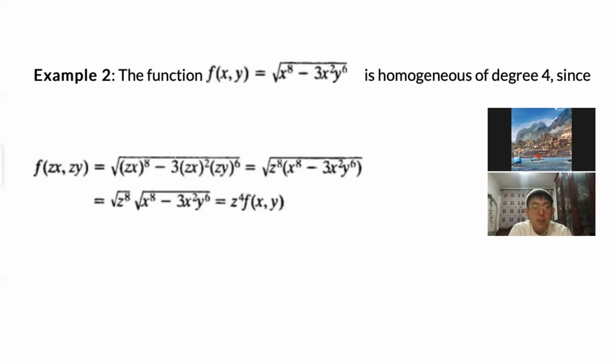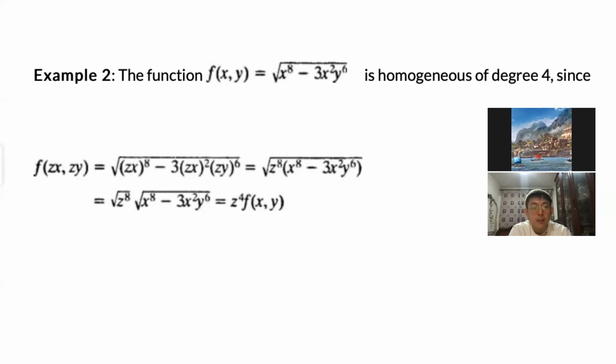As you can see, the first term is to the power of 8, and for the second term we get z to the power of 2 multiplied by z to the power of 6, which means it's also 8. We can put z to the power of 8 in front, and finally we get z to the power of 4 times f of x, y.